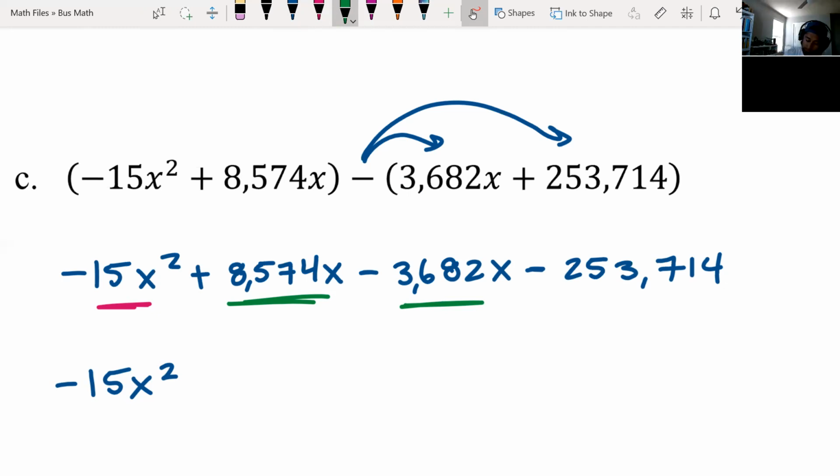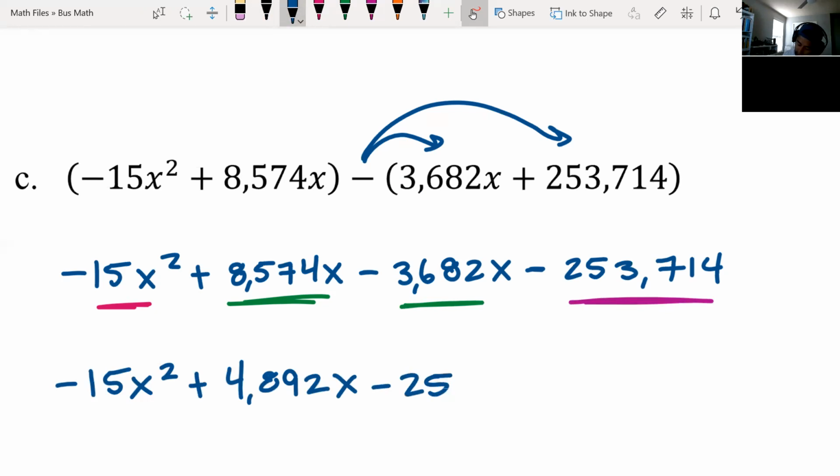And I get 4,892x, and there's no other constants, so that number will just come down, minus 253,714. There we go.